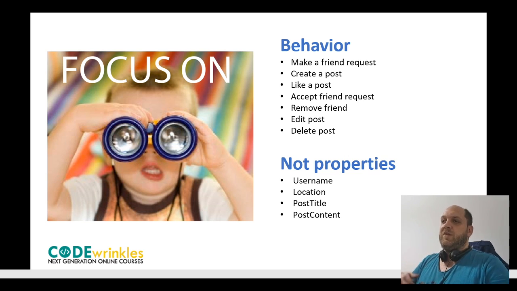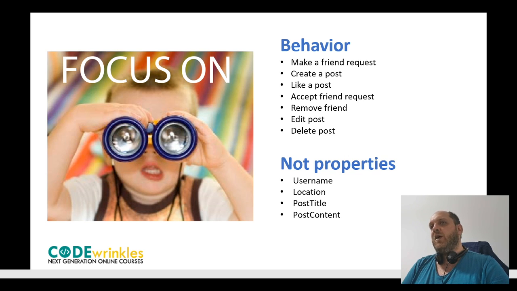But in domain-driven design, this type of model is really not a best practice, so it's not a pattern that we should follow. When we think about a domain model, we have to think about behavior, about methods basically, instead of properties.